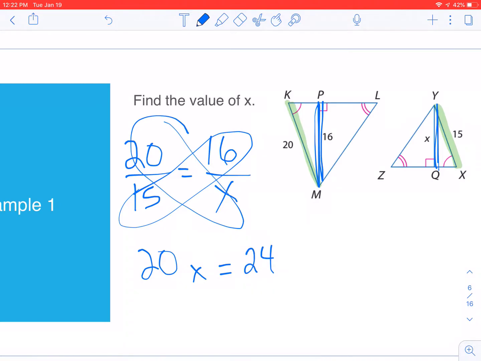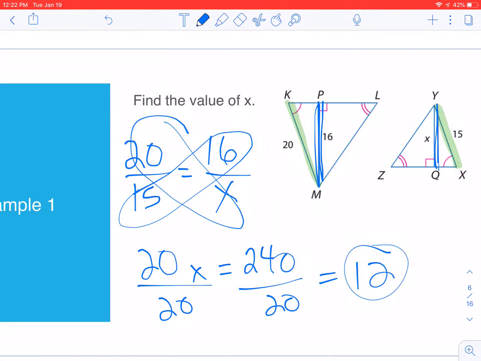I get 240. I divide both sides by 20, and I am going to get 12. So we're pretty much setting up cross multiply problems like we have all chapter. This time they're just with triangles and they're different parts.